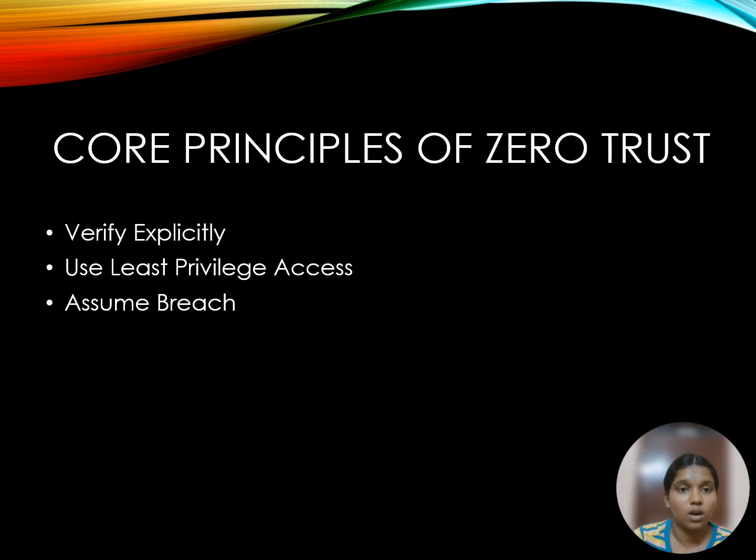Users should have only the minimum permissions they need to do their work, nothing more. This limits the damage if an account gets compromised. Third, assume breach. Operate as if an attacker is already inside the system. Design your network to contain the damage and reduce lateral movement. These principles together form the foundation of Zero Trust.